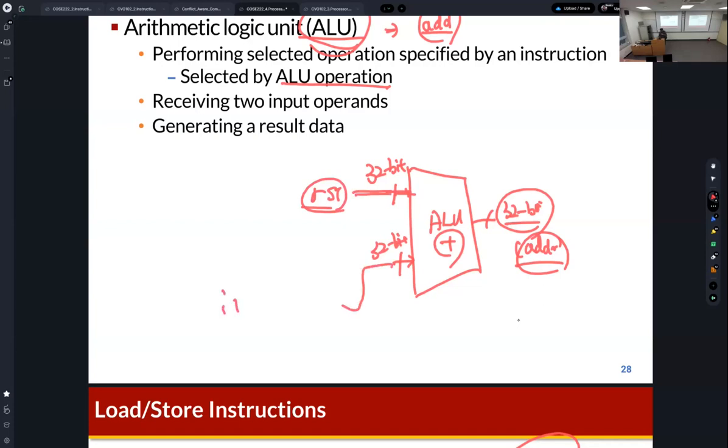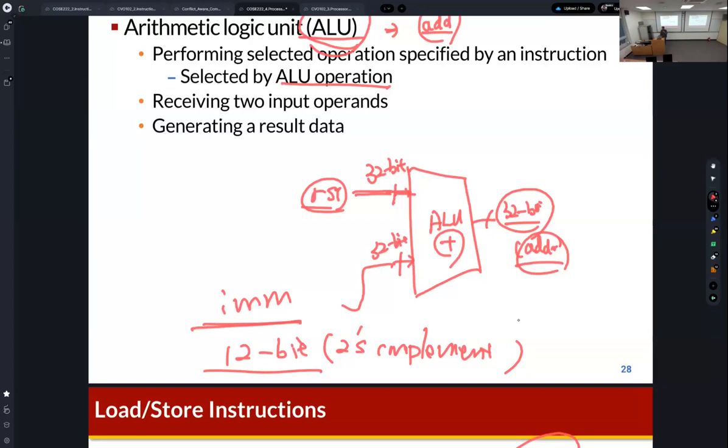But the immediate is actually 12-bit, and it's 2's complement. So what is required? The ALU receives 32-bit data, but the immediate is just 12-bit data. So this data is to be extended to 32-bit.